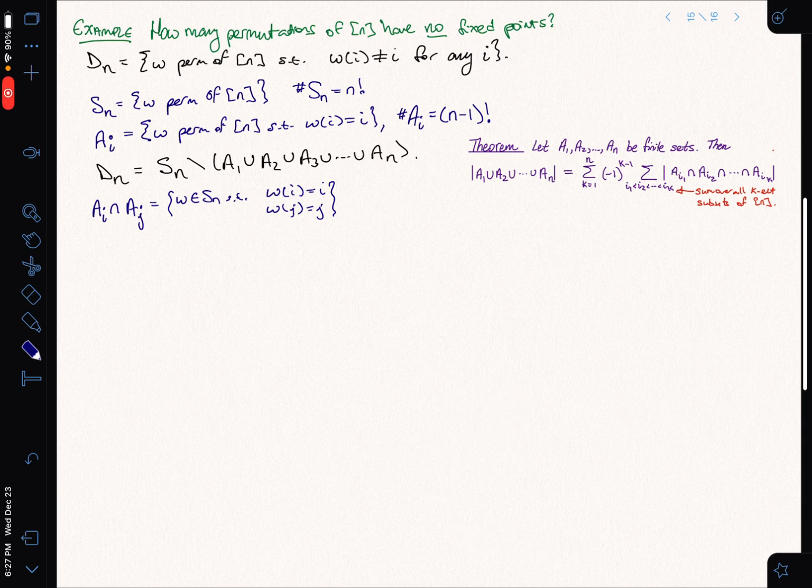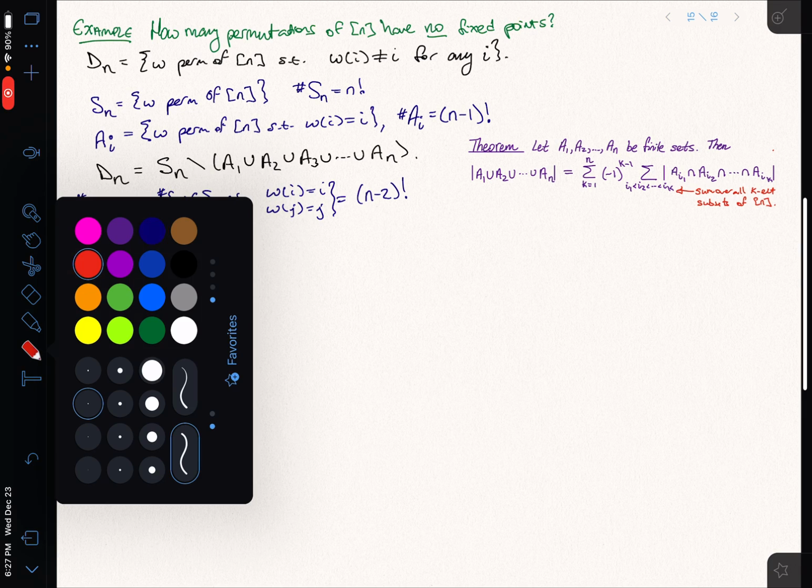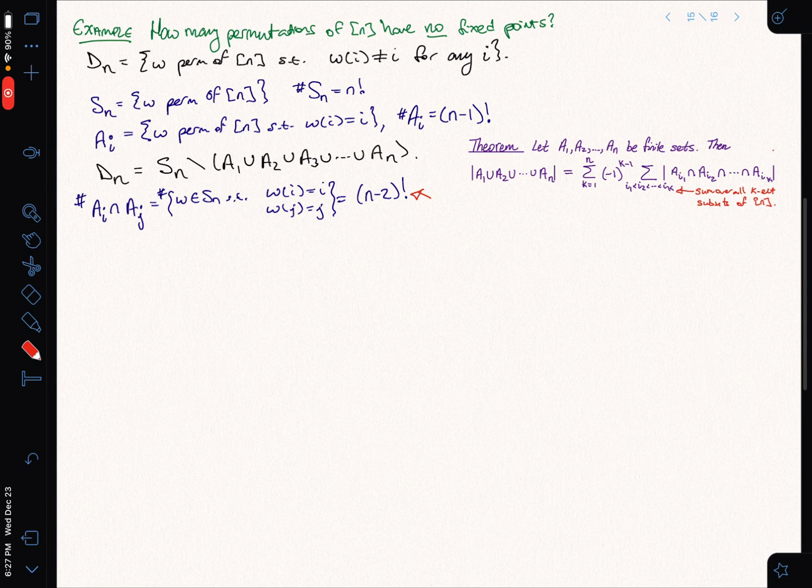How many are the rest? There are n-2 of them. So the size of the intersection is just (n-2) factorial. That's actually great, for a few reasons. First of all, it doesn't matter what i and j are.